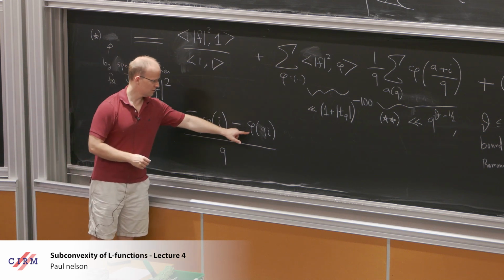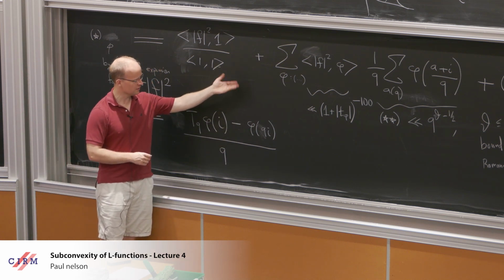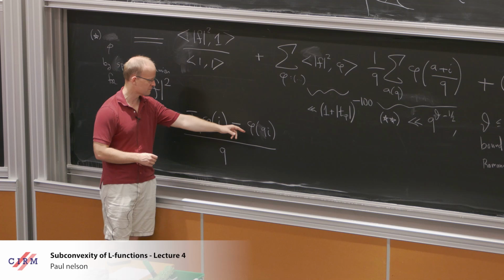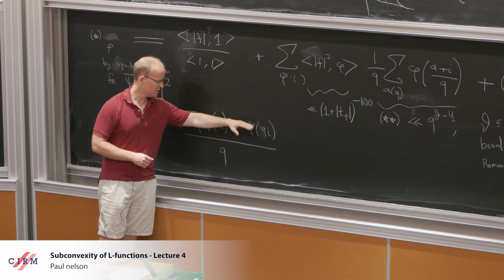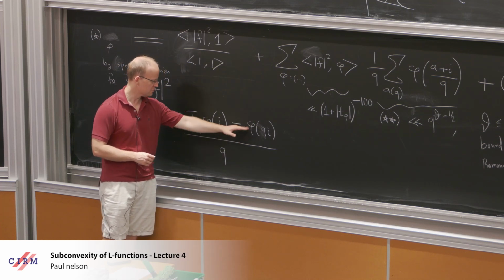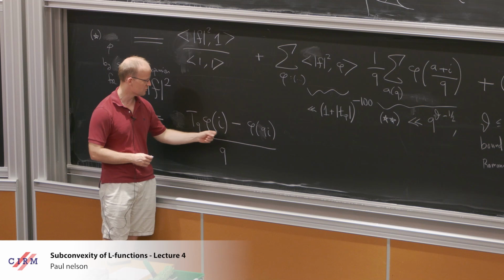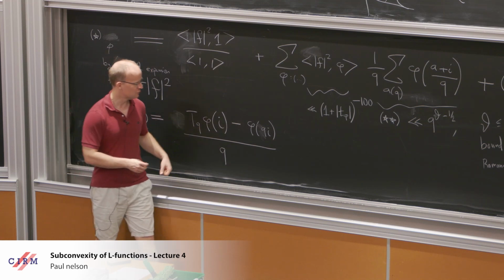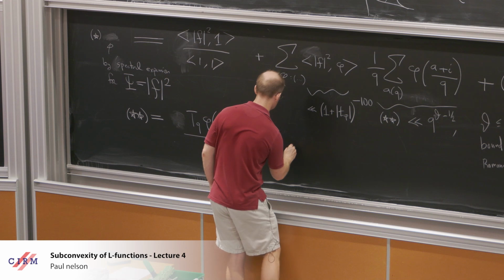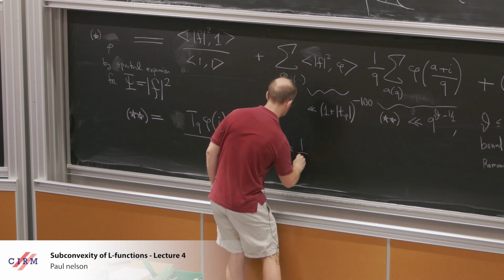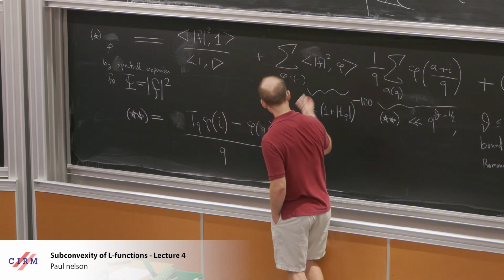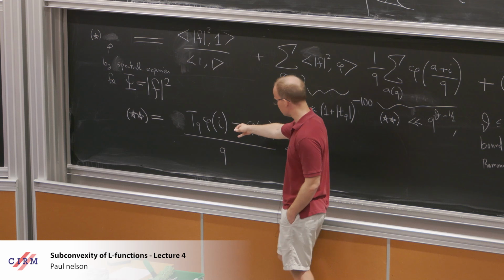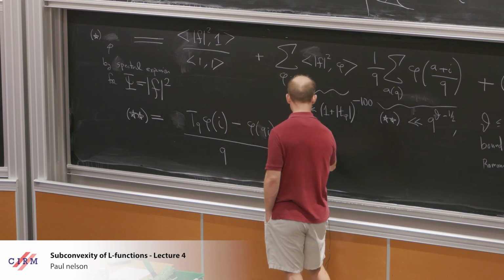So phi, of course, we can think of as basically fixed for the purpose of our analysis. So this number here will be uniformly bounded, so it'll contribute something of size roughly 1 over q. And then T_q phi will be a multiple of phi. So phi again is basically fixed, so its size is bounded.